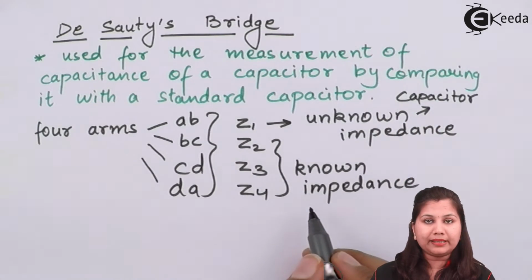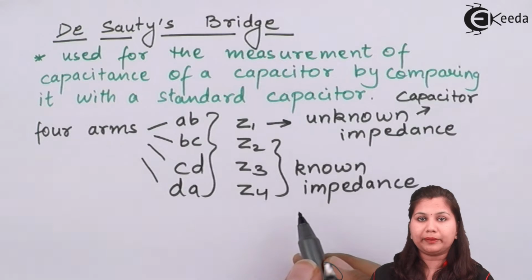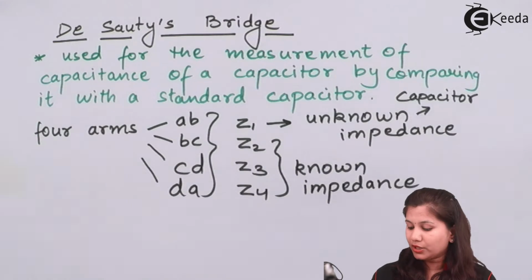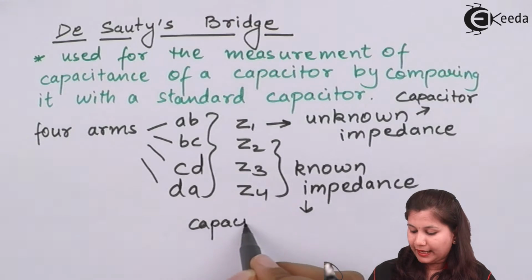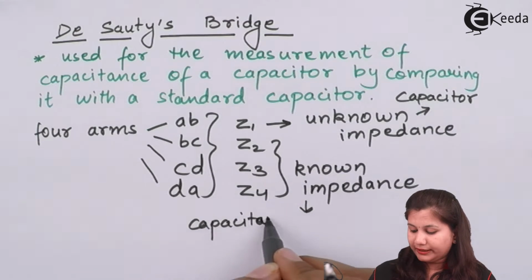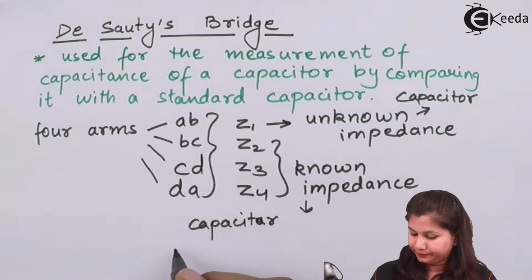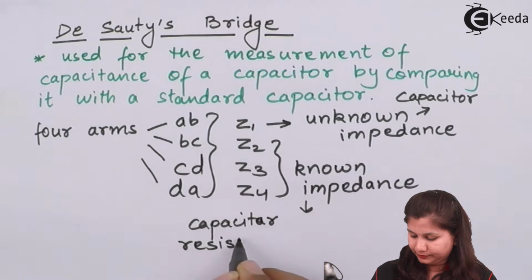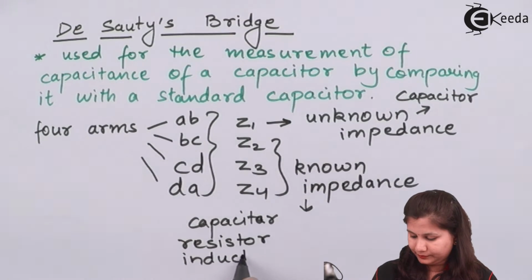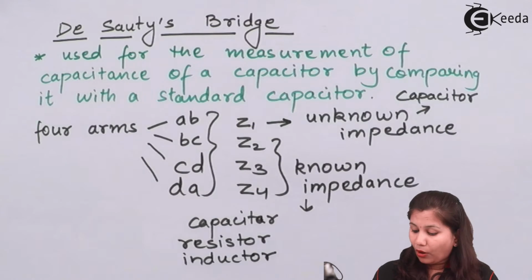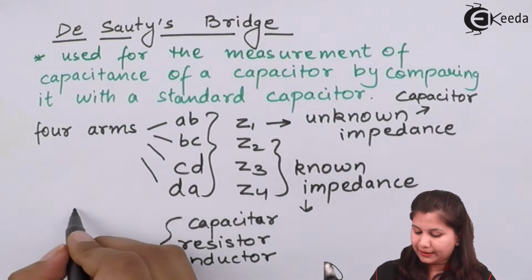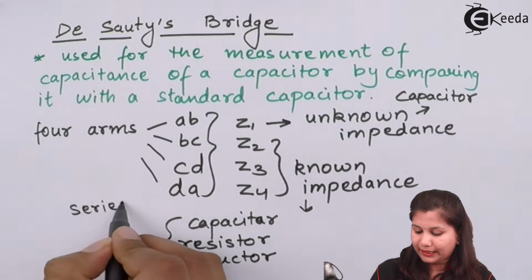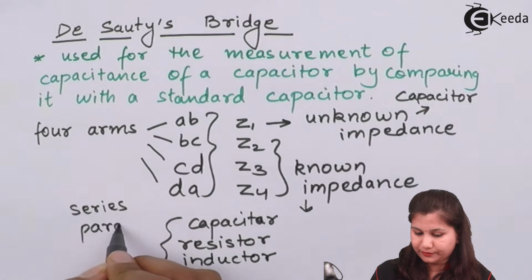And the known impedances means the value of these impedances is already known to us. So the known impedances can be a capacitor, a resistor or an inductor, or a combination of these 3, like a series combination or a parallel combination.